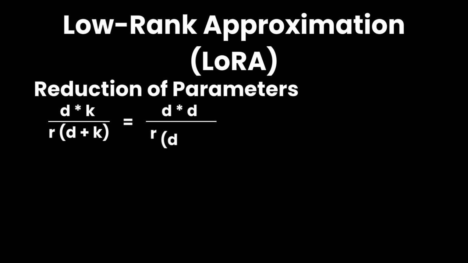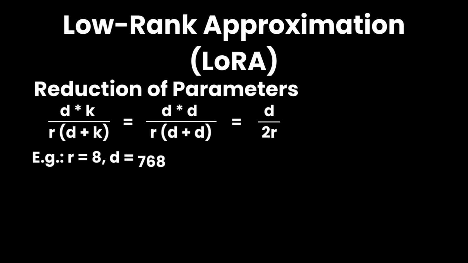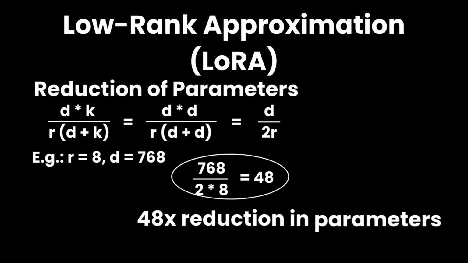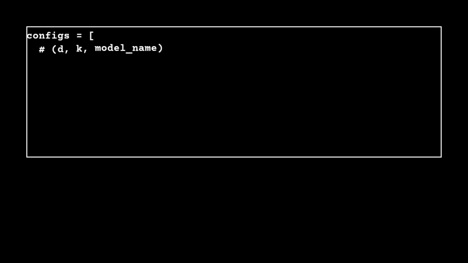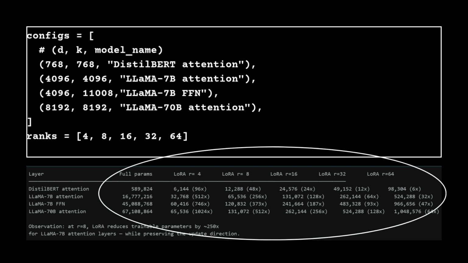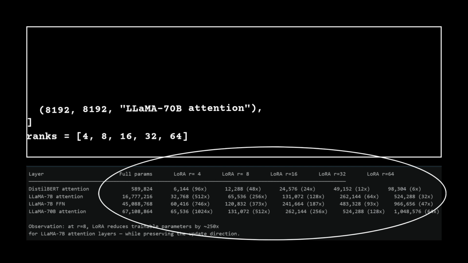For a square matrix, it simplifies to d divided by 2r. If we take an example of r equals 8 and a dimension of 768, the number of parameters required would be reduced by 48 times. Here are a few models with the size of their weight matrices, total number of parameters versus the parameters required with LoRA for different r values.